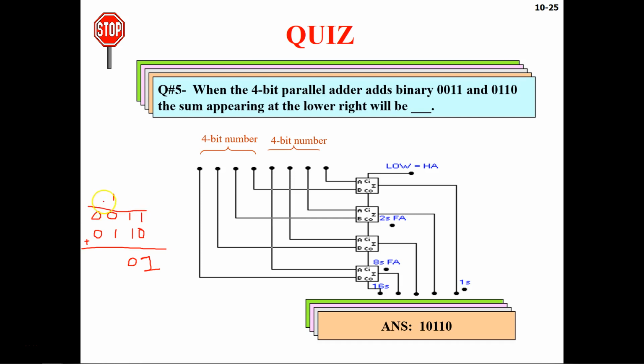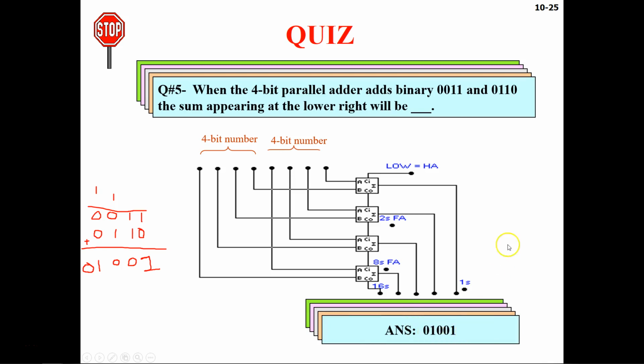Let's make it like this, this is our carry. So 1 plus 1 is going to be 0, and then again a carry, which will go over here. So you're going to get 1001, but notice that we have a carry out. In this case, we do not have any carry, so we will put 0 here, and that's what your answer is going to be. This is your 01001.